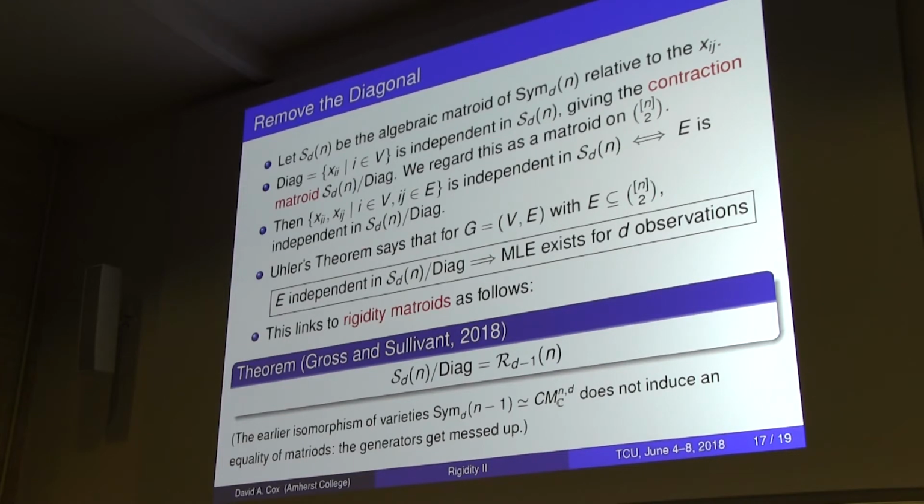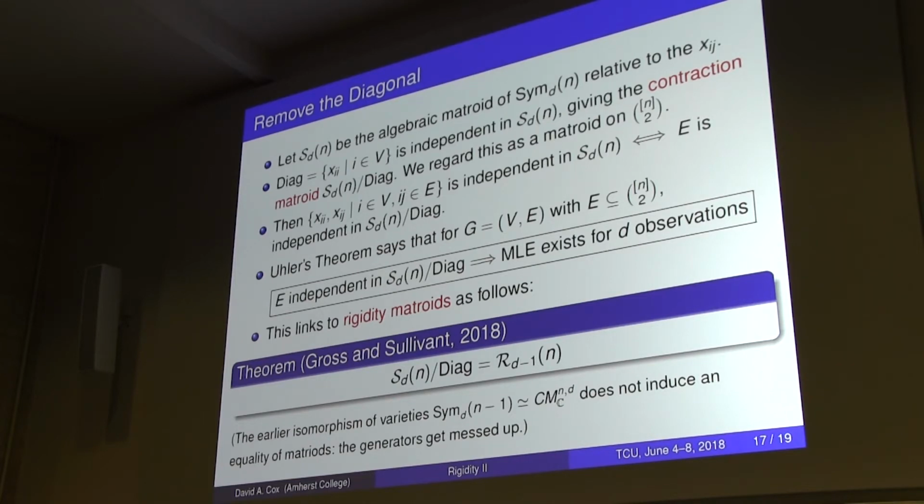So a way to restate Carolyn's theorem: E is independent in this contraction matroid, which says it is independent in the matroid of symmetric matrices, and then by her theorem, the MLE exists for d observations. So all I need really is independent sets in this matroid. The link to rigidity matroids was worked out by Gross and Sullivan in their 2008 paper.